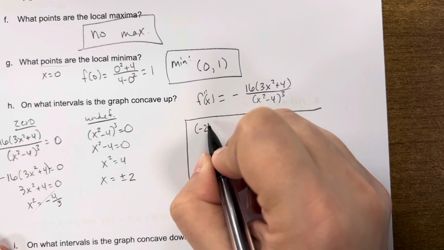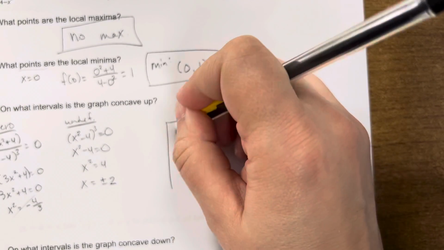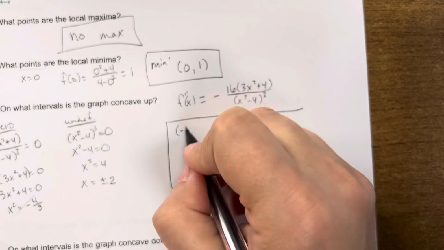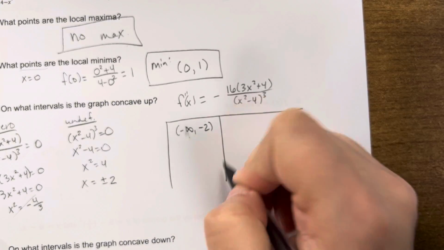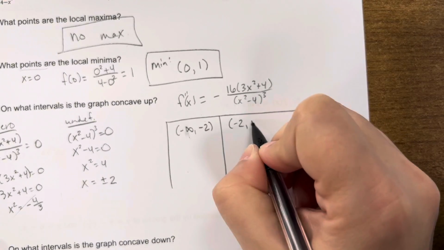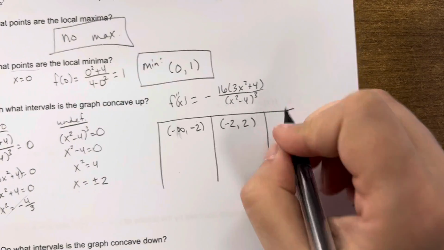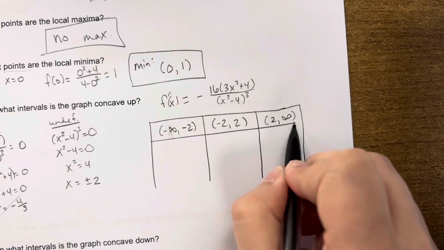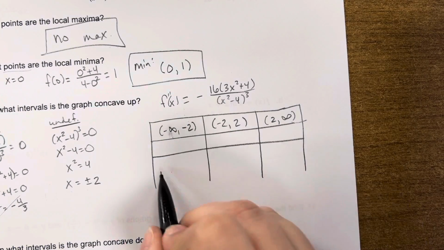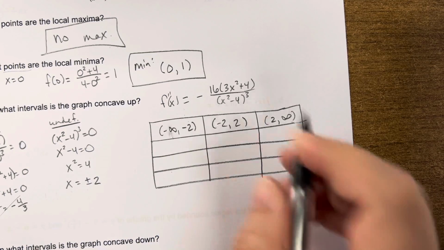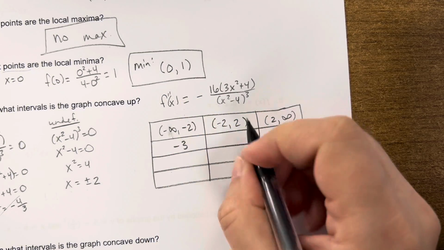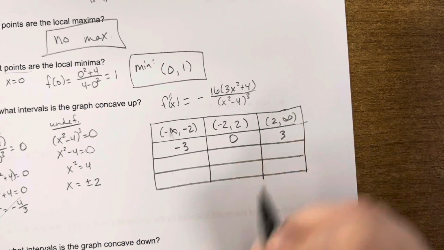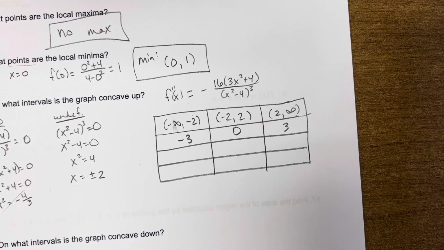So I'm checking from negative infinity up to negative 2, then from negative 2 up to positive 2, skipping that 0 one, and then from 2 up to infinity. I'm going to check negative 3, 0 and 3 here and see what happens.